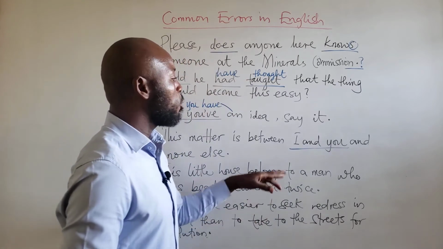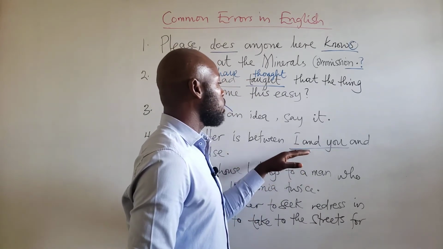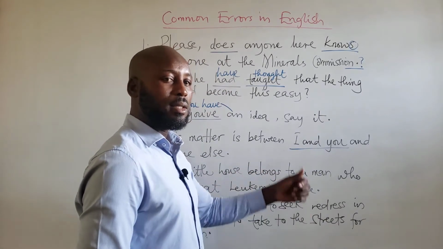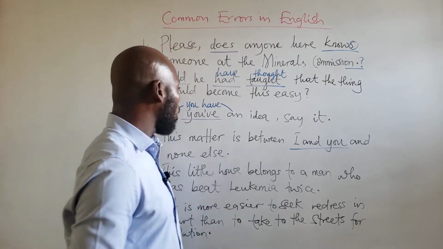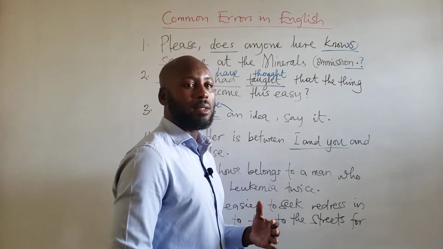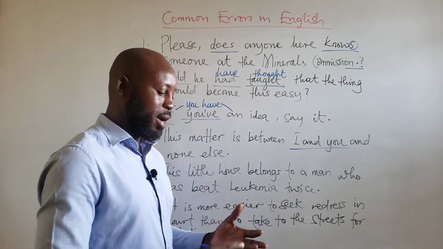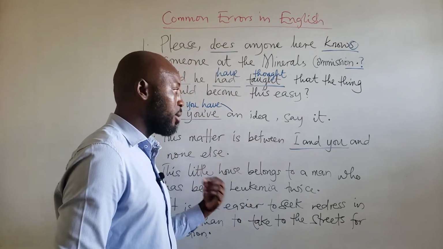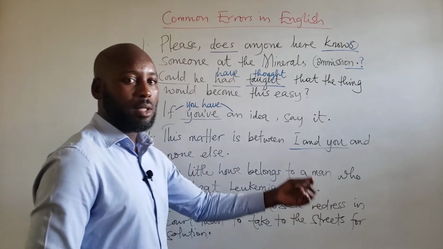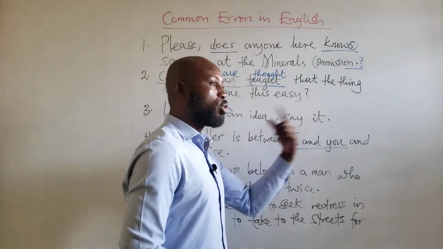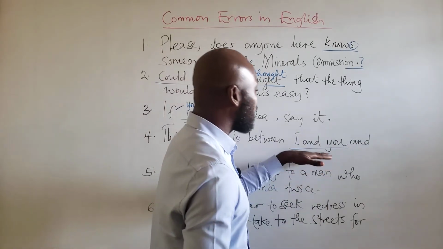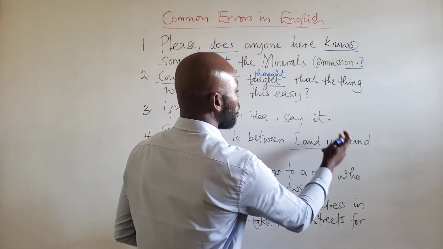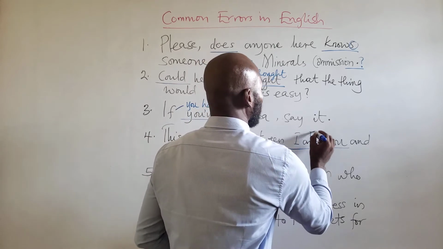But remember, the object of a sentence cannot be the same as the subject of a sentence. Remember, we have we as subject and then we have us as object. So here I is a subject and then you here could be a subject and it could also be an object. But this one here is telling they are just two people.